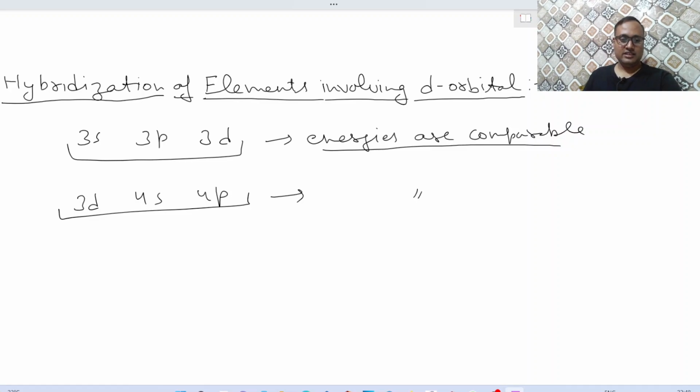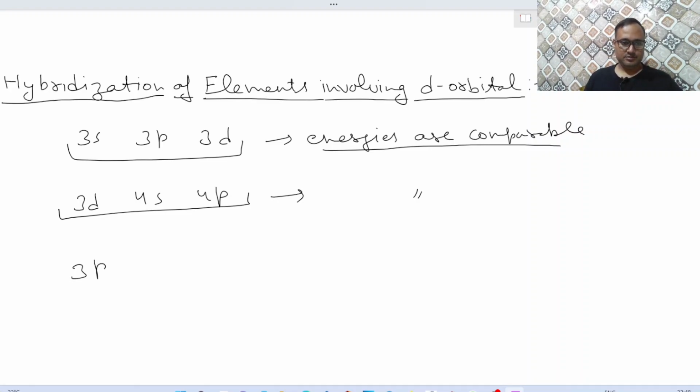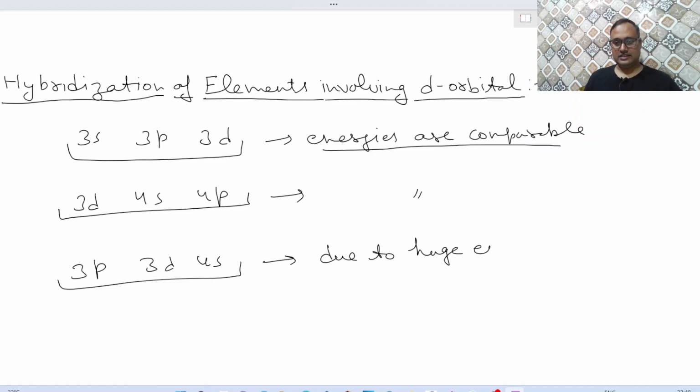So that's why we cannot have 3p, 3d and 4s orbitals together, because of the huge energy difference between 3p and 4s orbitals.